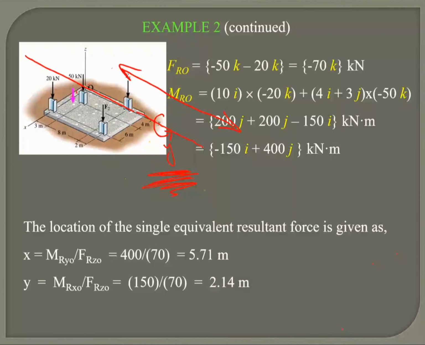Yes, sir. So in simple words, for rotation along y-axis, you need forces which are in the z direction. To create a turning moment along x-axis, it is basically the force along the y-axis direction. Is that clear?